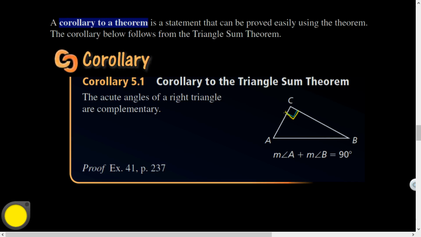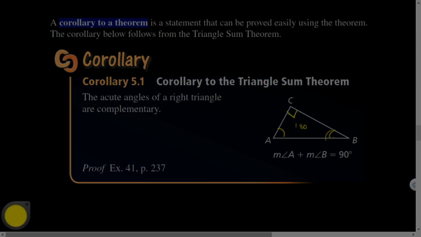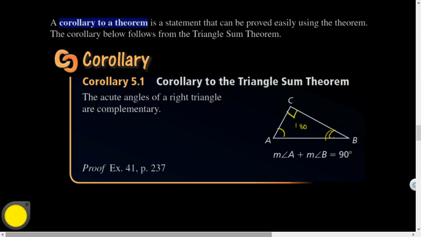All right, because we know that this is a 90-degree angle in a right triangle. I know that all three add to 180, right? And then if I subtract 90 from both sides, I'm going to get that these two add to 180 minus 90, which is 90.